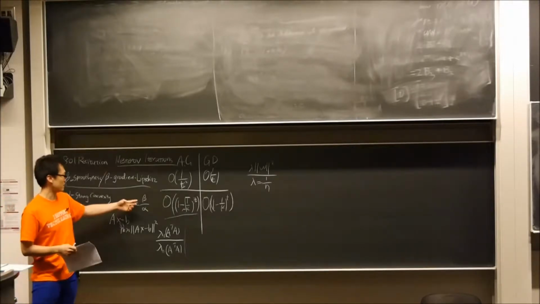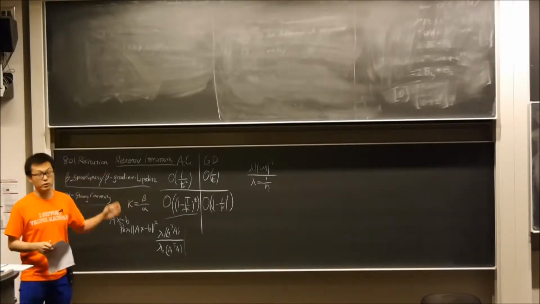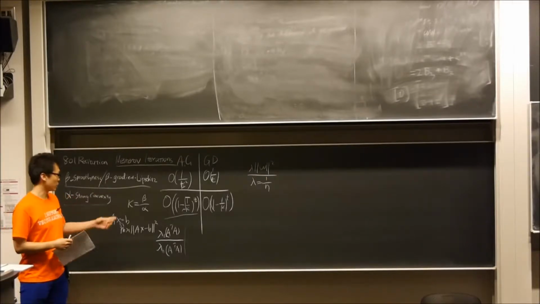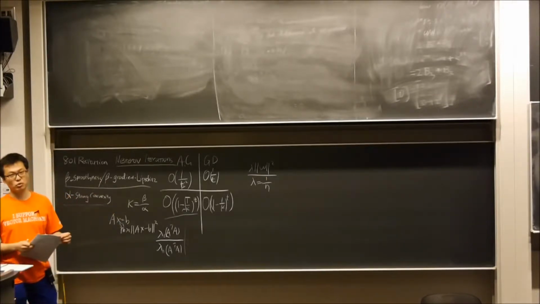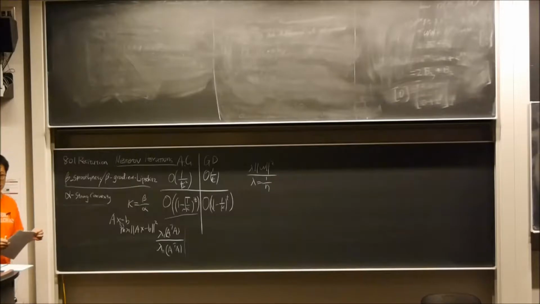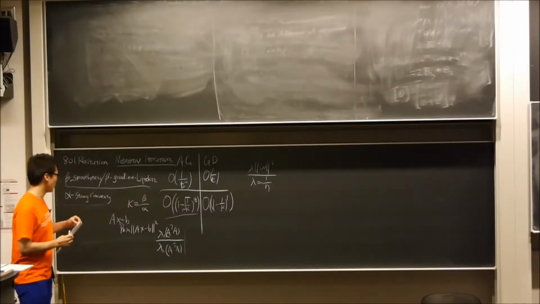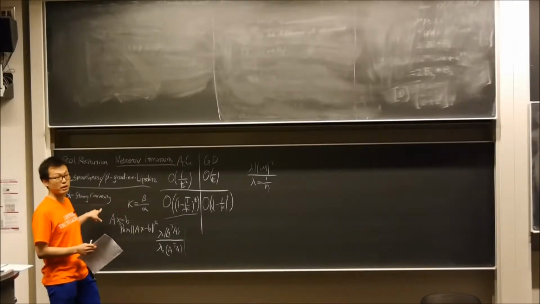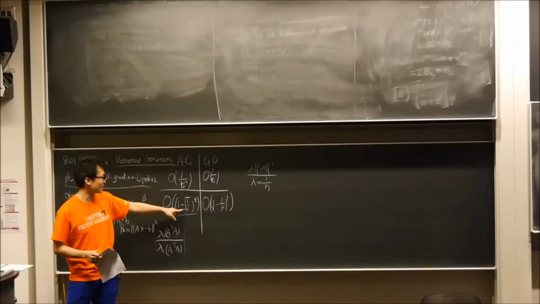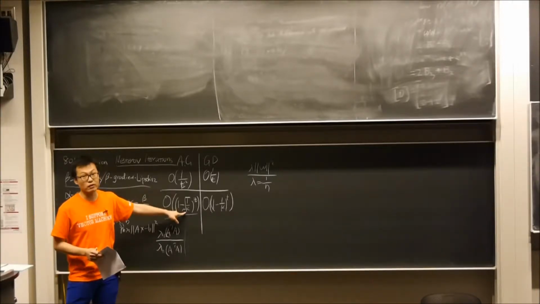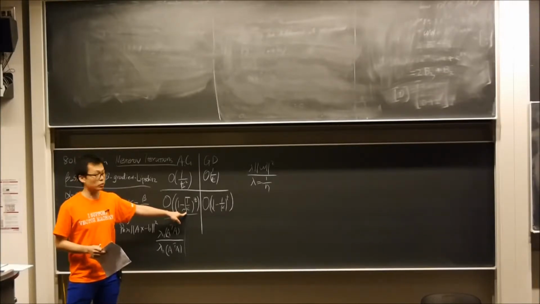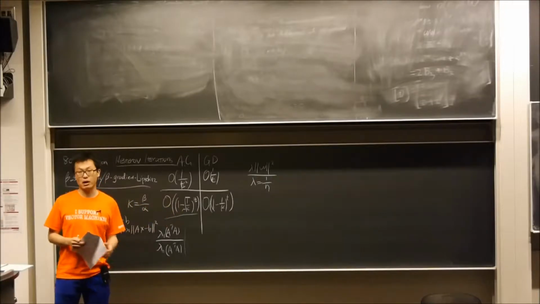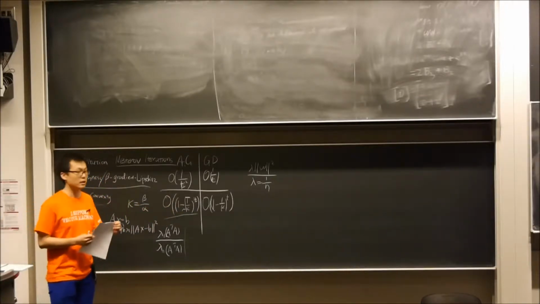But here, in order for accelerated gradient descent to work, we need to set the step size to be 1 over beta. And also, for accelerated gradient descent in the strong convexity case to work, we need to have at least an estimation of this condition number. So that also comes up as part of the parameters.